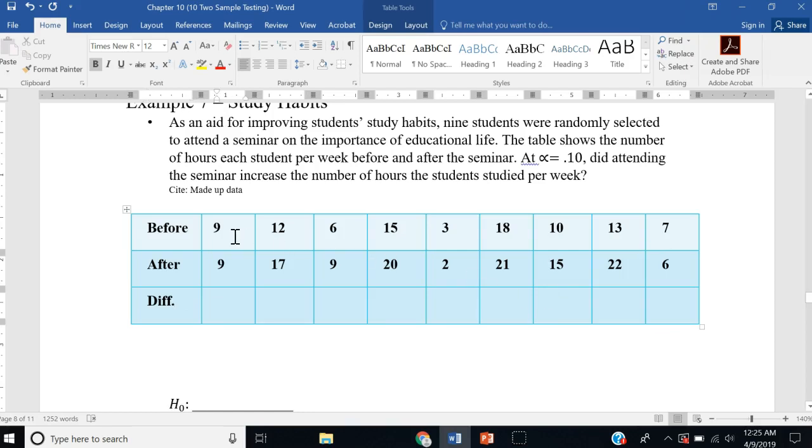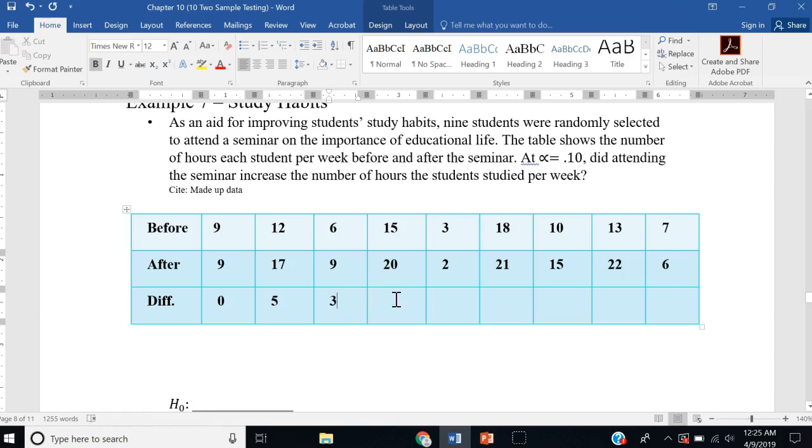Notice that going from 9 to 9 is no change. So numerically, that would be 0 difference. Going from 12 to 17. Now there's 2 ways to do this. I'm going to call that a positive 5 because that's an increase of 5 hours studied. Going from 6 to 9, that's an increase of 3 hours studied.